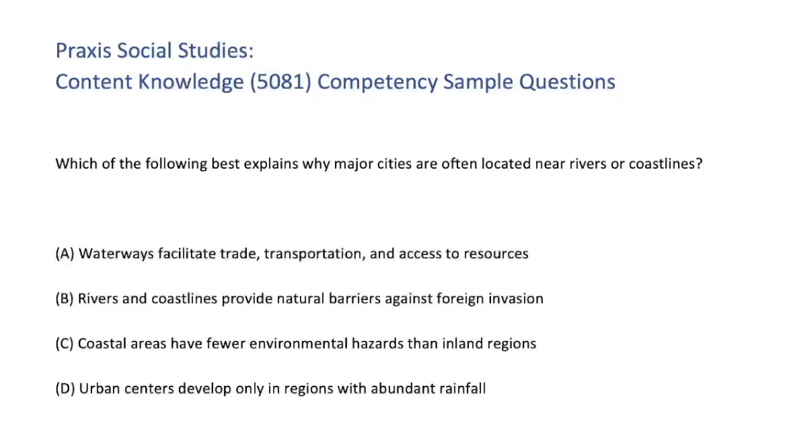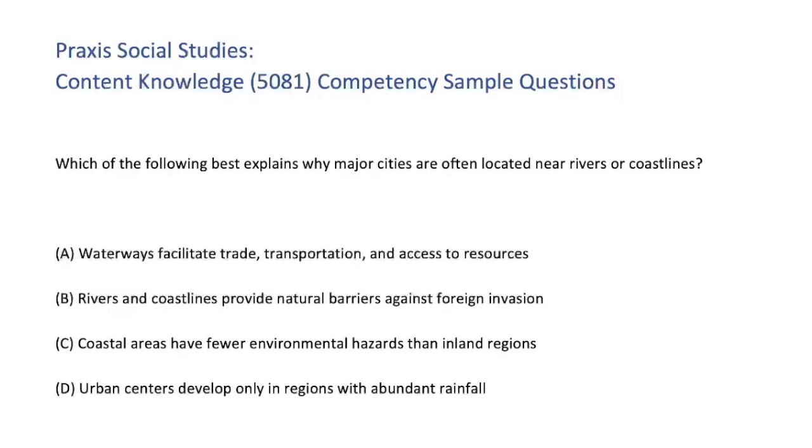Or D, urban centers develop only in regions with abundant rainfall. For a question such as this, I would focus my studying on human geography and settlement patterns. When you're reviewing a question like this, look for economic explanations because that usually drives city growth.